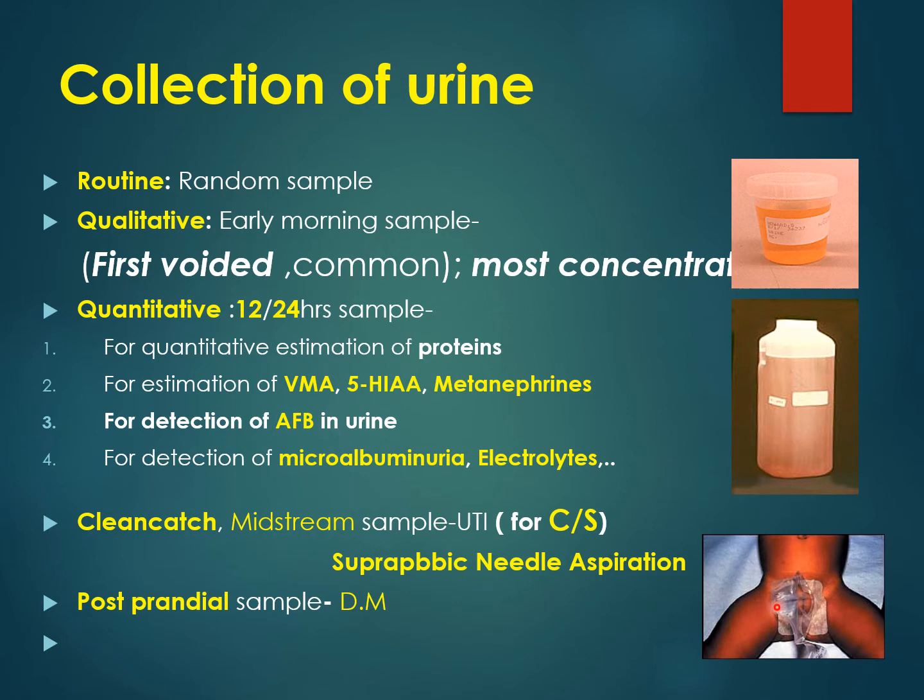Like in this child, we are putting a bag, a clean catch, so that urine will be passed in here to take the specimen for culture and sensitivity. Sometimes by suprapubic aspiration in a full bladder we can do that, but we do not always like this invasive maneuver, but at least you can collect it in here for a proper culture and sensitivity.